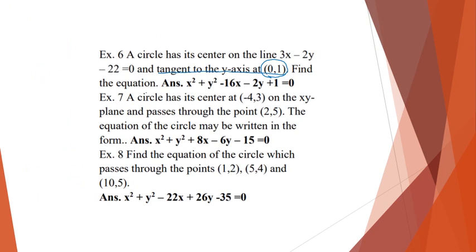So next, example 7. A circle has its center at (negative 4, 3) on the xy plane and passes through the point (2, 5). The equation of the circle may be written in the form. We have these 2 points here.